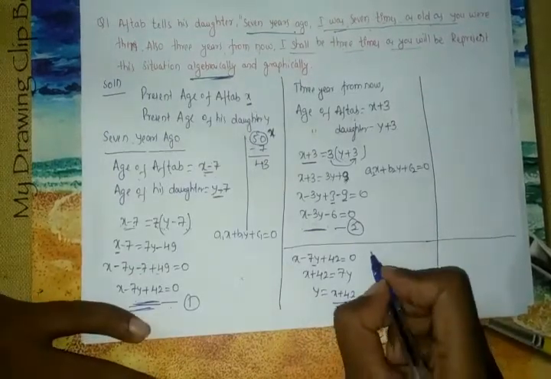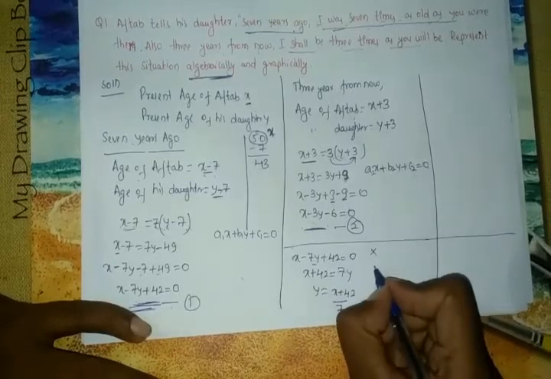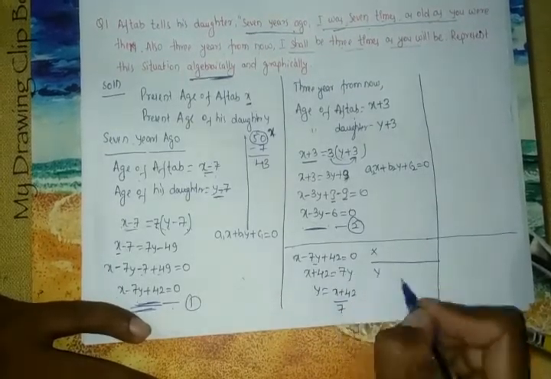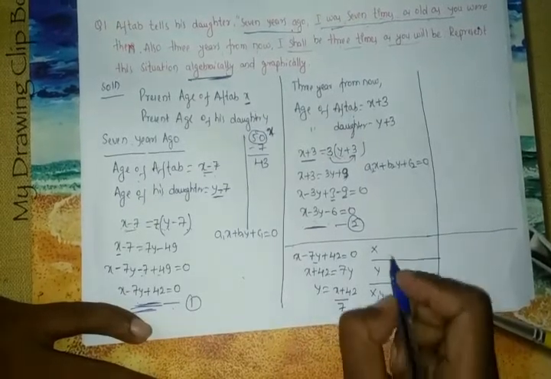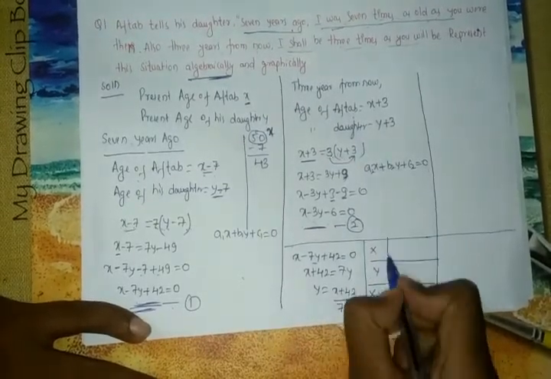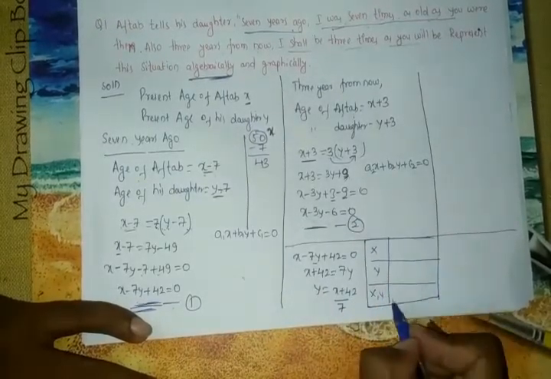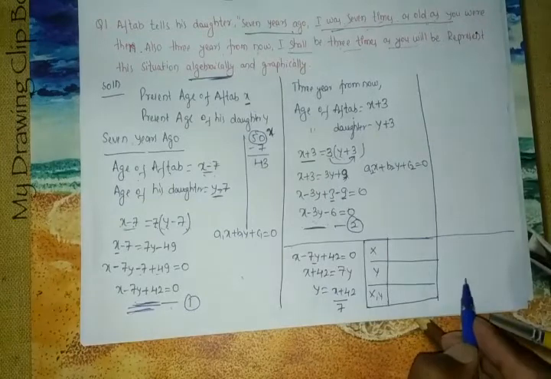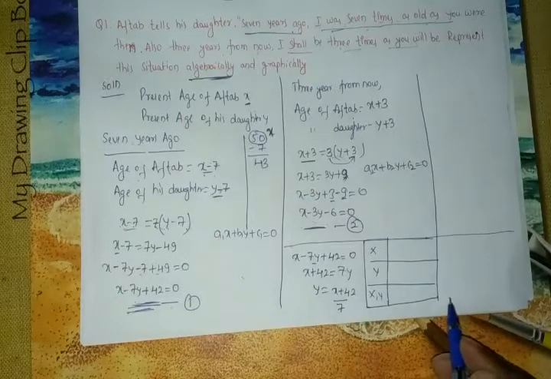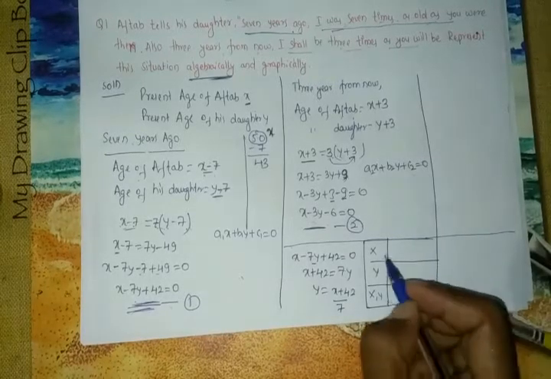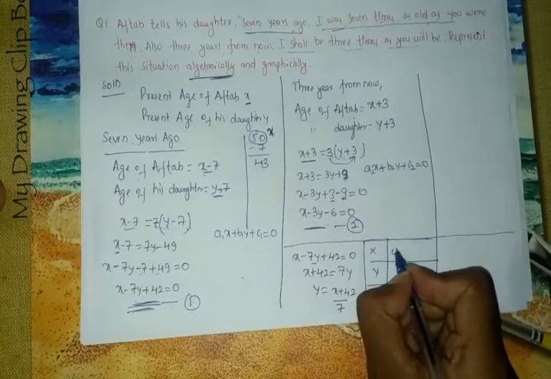Okay, so I will draw a table containing x, y, and the third row is xy. I will try to get 2 points. To draw a straight line, we need a minimum of 2 points, right? So I will put the value of x as 0.